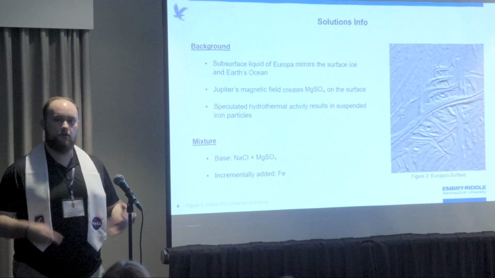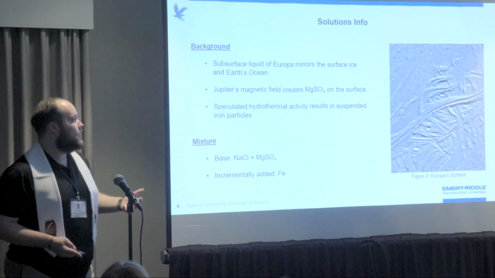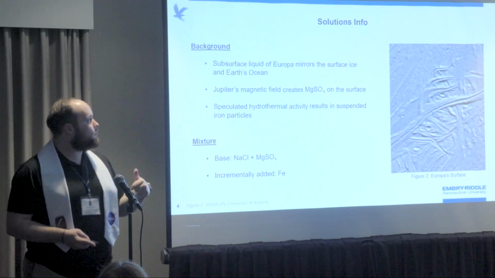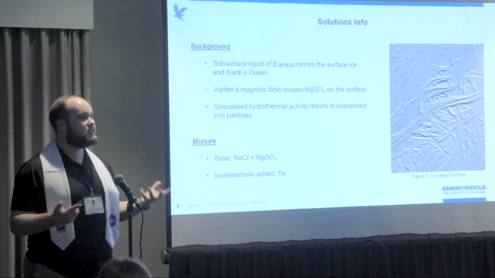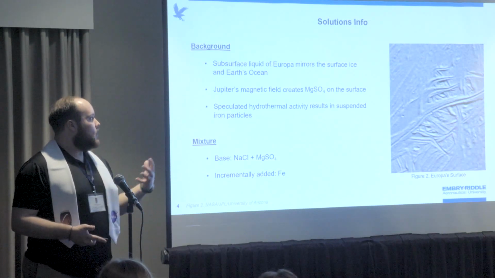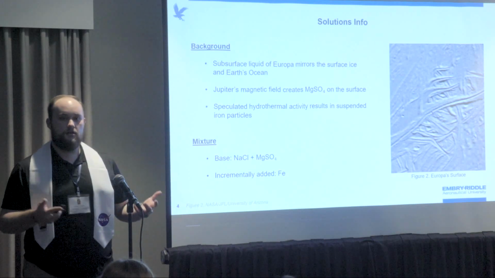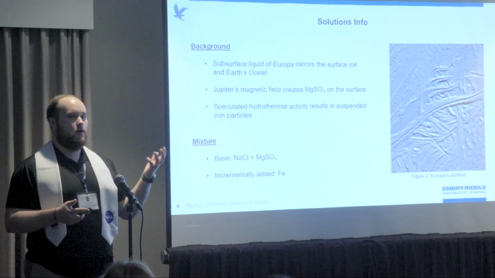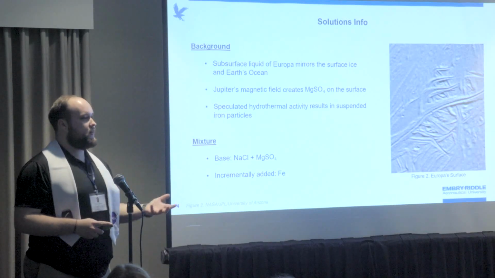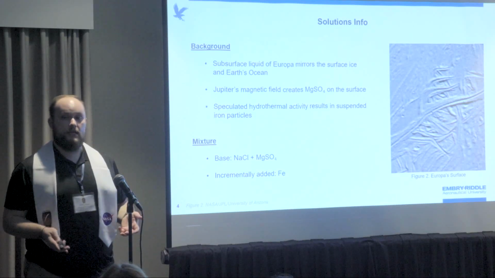So a little bit more background before we hop into the experiment. The subsurface liquid of Europa mirrors the surface ice in the Earth's chemical composition, or at least it's speculated to be like that. Specifically for Earth's aqueous solution, it's primarily 35%, meaning 35 grams of salts to about 1 liter of water.